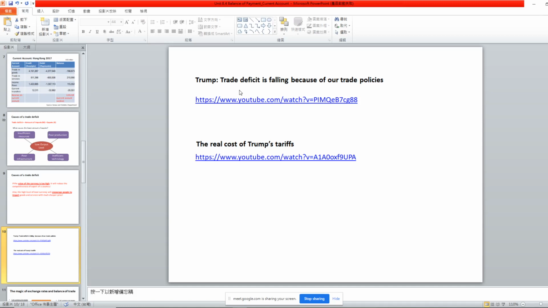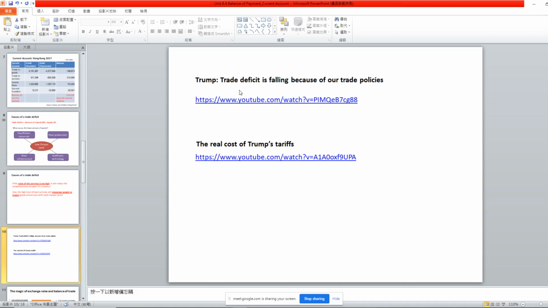When we are imposing tariffs on imports, the imports should be lower. And if you go back to the concept of trade deficit, when the import is lower, then your trade deficit should be lower as well. Because at the end of the day, we want to have a balance.